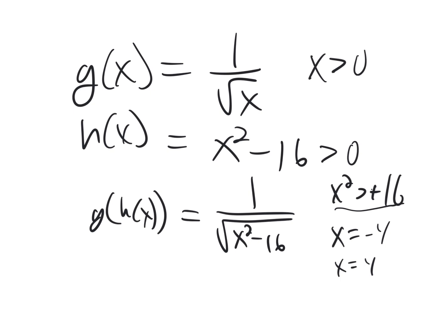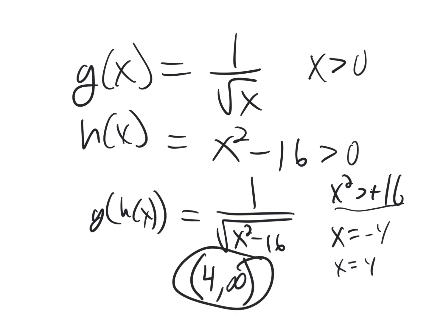I think the domain's going to be x has to be greater than 4, because when it's equal to 4, it's 0, right? So I'll write this in interval notation. Can't be equal to 4, and of course we can't get to infinity. I think that's the domain.